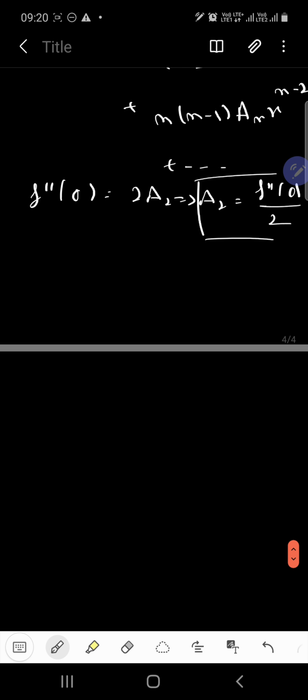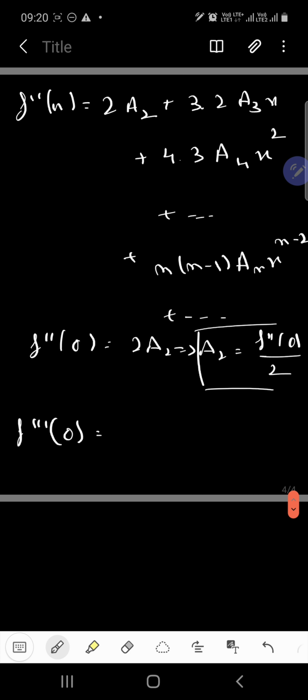Got it? And it continues. What will be the value of f double dash 0? It is 2a2. So from here we can say that a2 equals f double dash 0 over 2. Clear? Further we can find f triple dash 0.